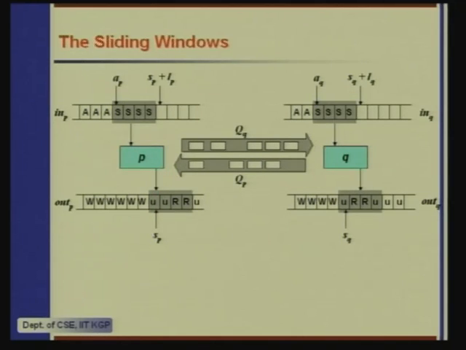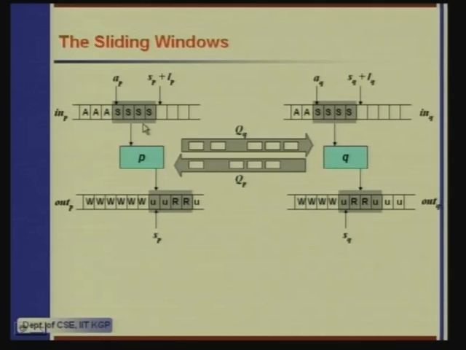Now, let us look at this picture once again. We will maintain a variable AP. AP will indicate the first packet that still needs to be sent.